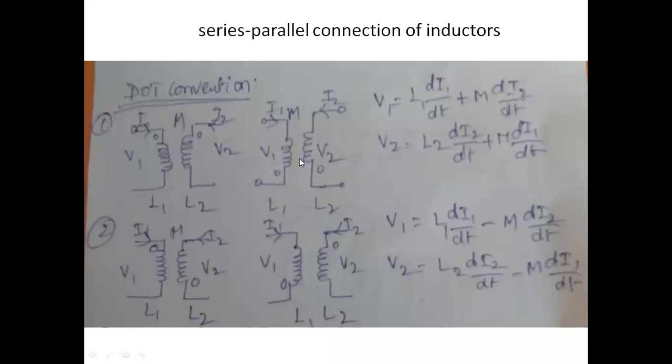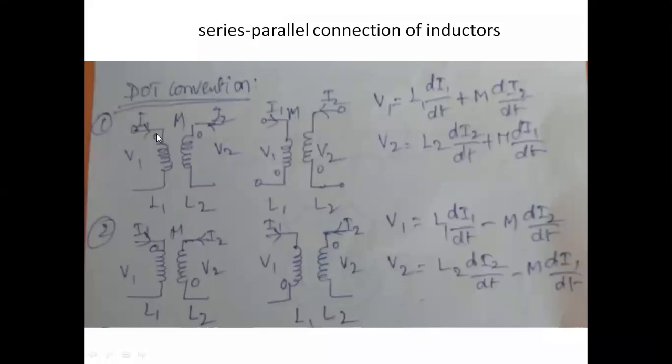Similarly, V2 is equal to L2 into di2 by dt plus M into di1 by dt, where L2 is the inductance of the second coil.